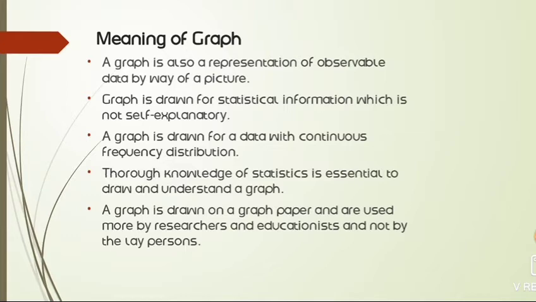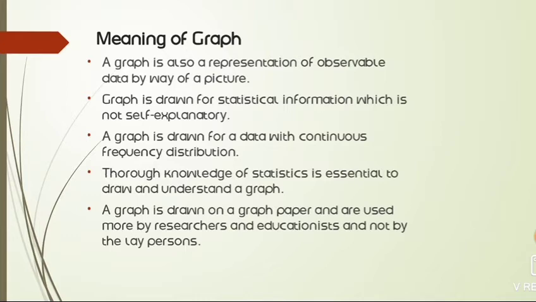A diagram is not drawn from statistical information, whereas graphs are drawn from statistical information, perfect data, given data which is already analyzed and summarized, whereas diagrams are drawn from random figures, your own figures. You can just take them and plot a diagram, whereas graphs are drawn with the actual perfect data.